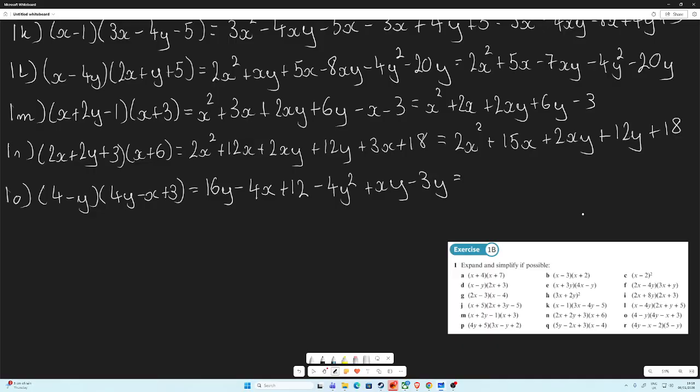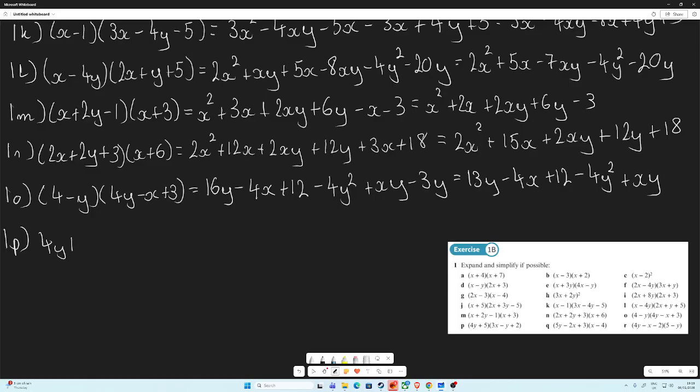So that is equal to 13y minus 4x plus 12 minus 4y squared plus xy.